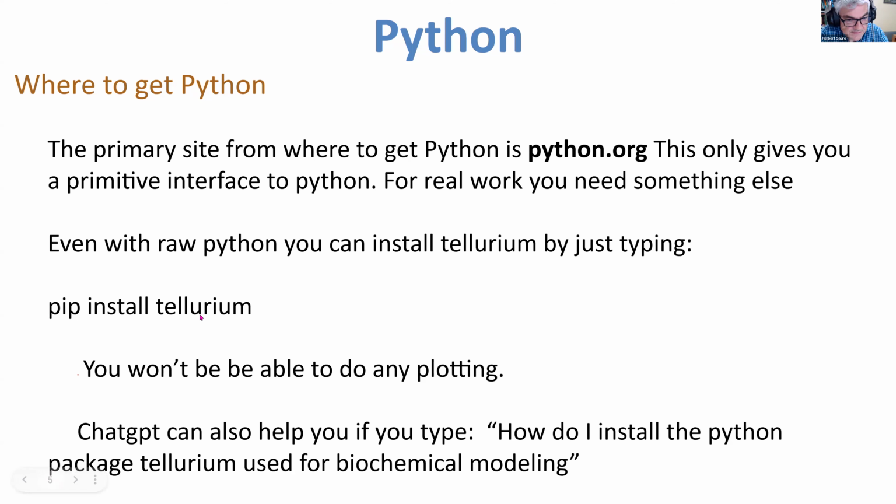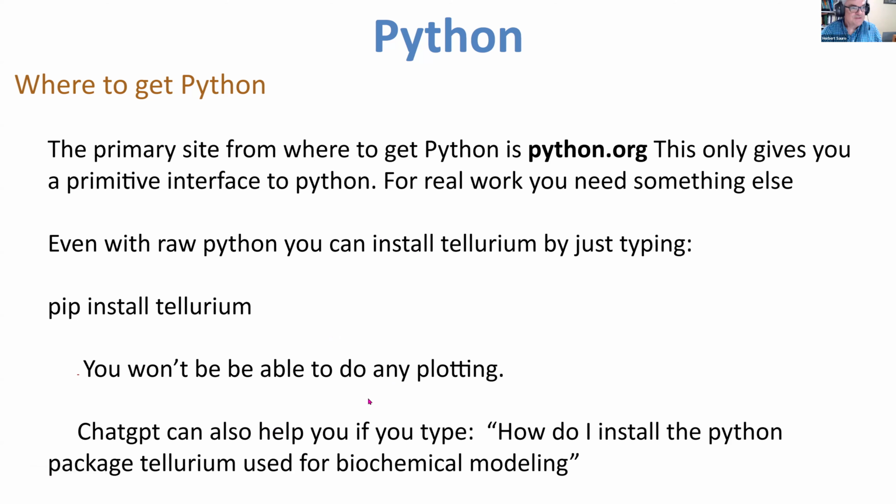So if you ever use Python, you can use this command, pip install Tellurium, and it'll take 30 seconds or so. We'll be doing that shortly with Colab. It'll install Tellurium. Okay. But as I said, if you just use the raw interface, you won't get any plotting, right? And of course, plotting is half the fun. Okay, so you really do need to use something a bit more than the raw interface.